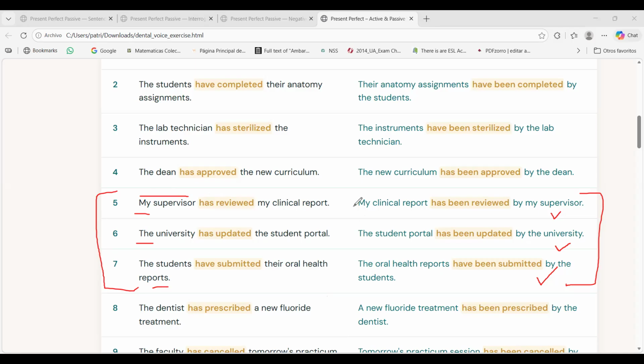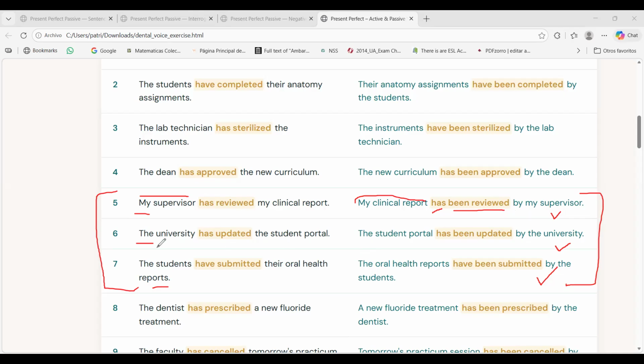So my clinical report has been reviewed by my supervisor. It is an option. It is not an obligation, but we use it, by my supervisor.